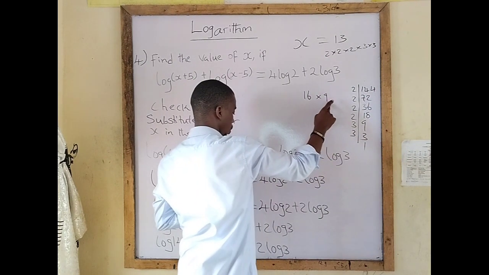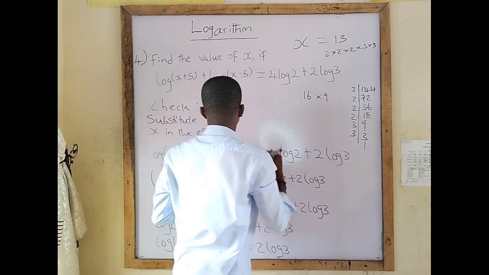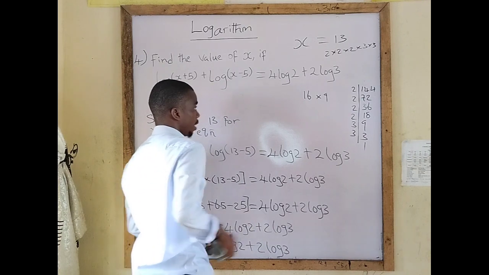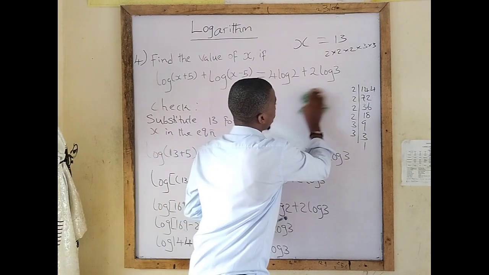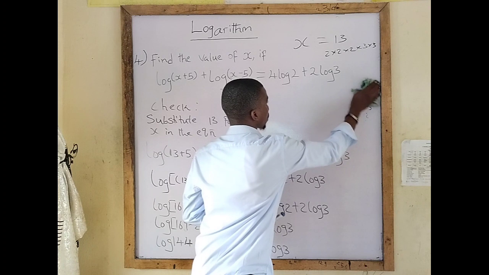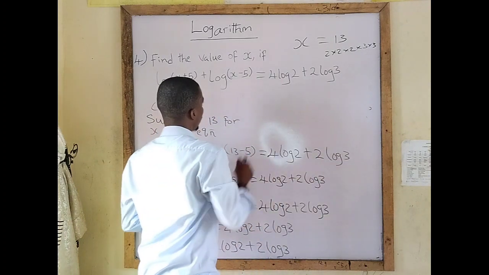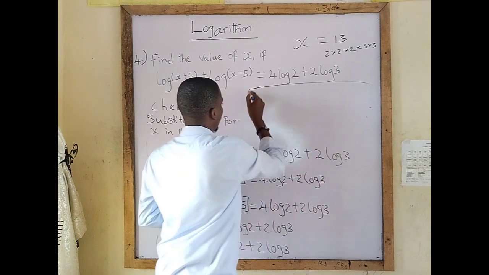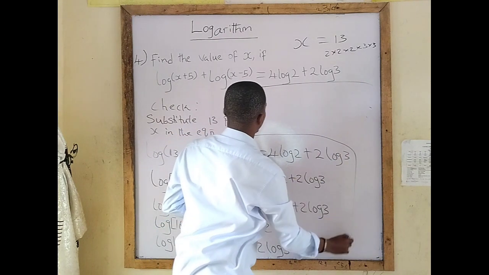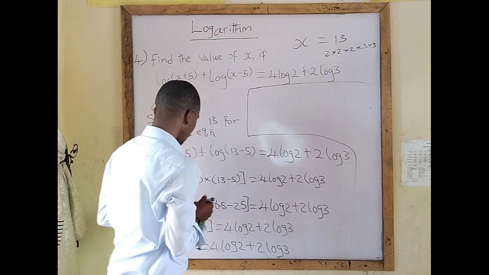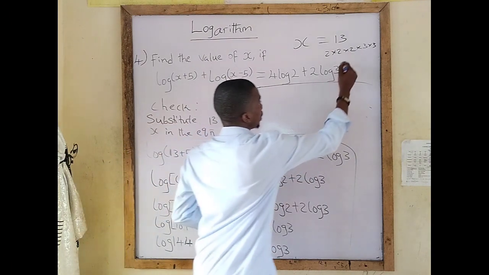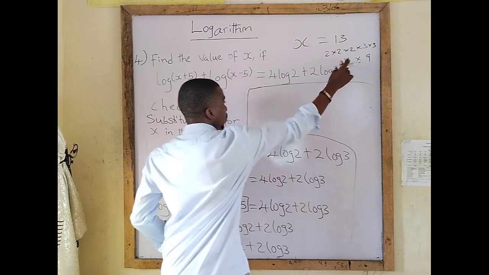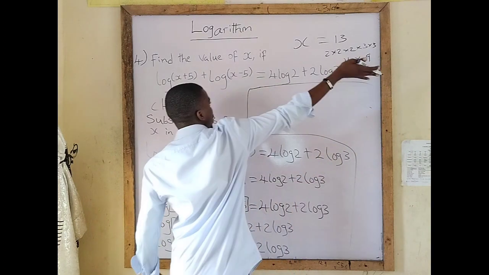So I'm saying that if you write 16 times 9, in this form, we have 16 times 9. Okay, because multiplication and addition are related, we take this a step backwards.